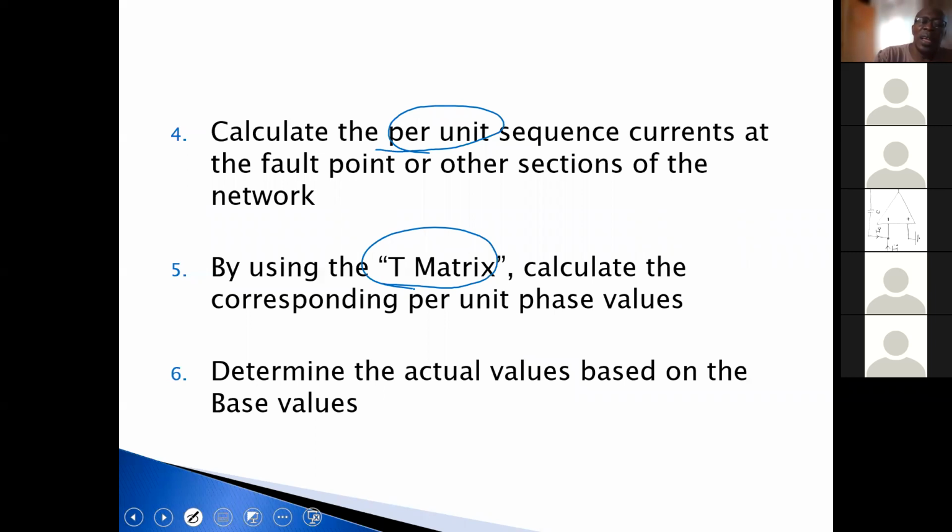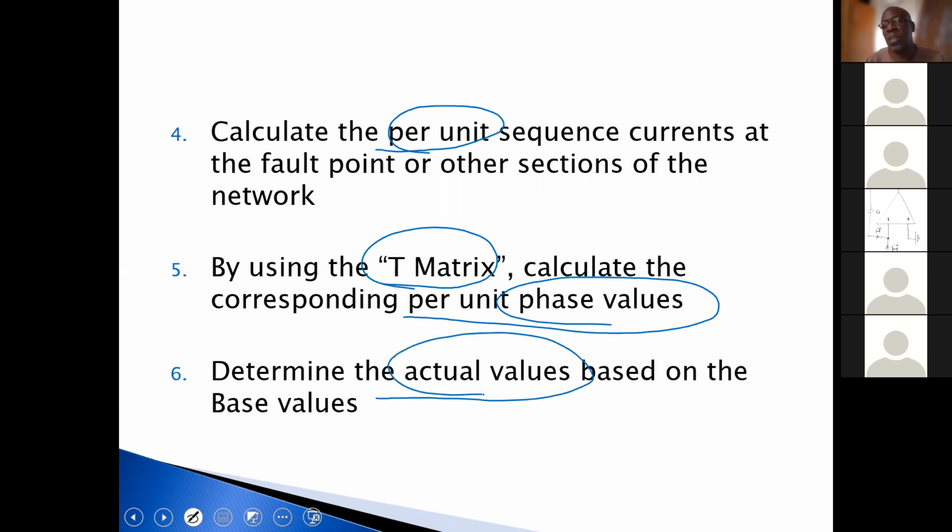And you calculate the phase values. And then you convert the per unit phase values to the actual values based on the base values that you would have had. So this, ladies and gentlemen, would be the process by which we do our fault analysis.